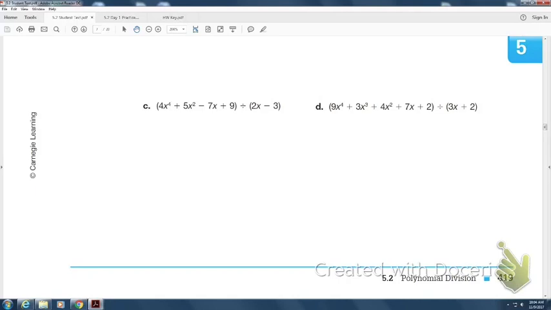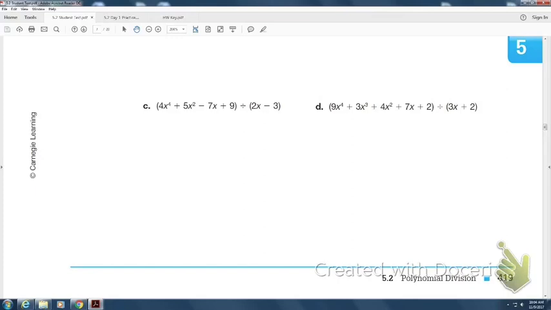Okay, so that kind of goes with it. There is no cubed. What did I tell you on that very first page we filled out? What might we put in there? 0. You've got to make sure that on your dividend, the degrees go in order.